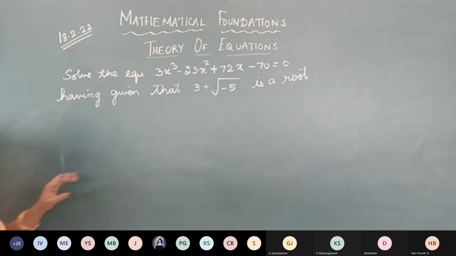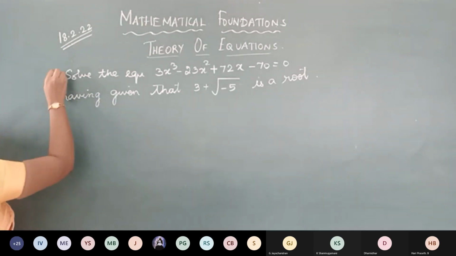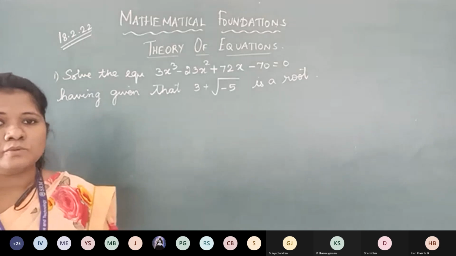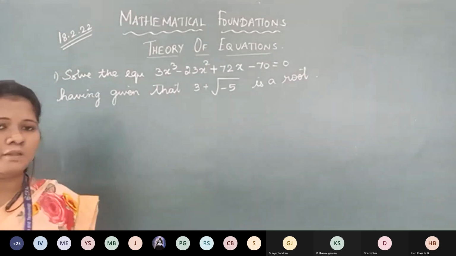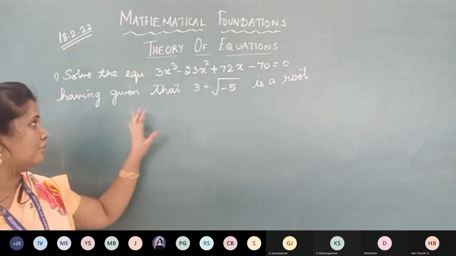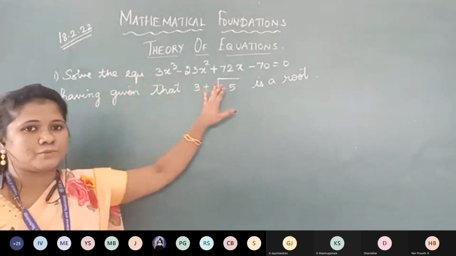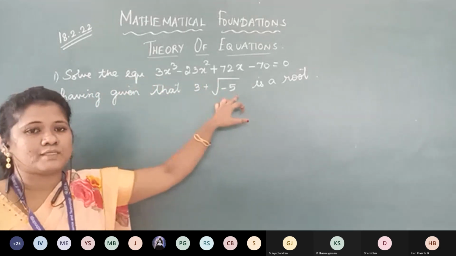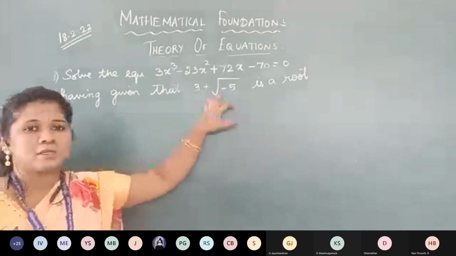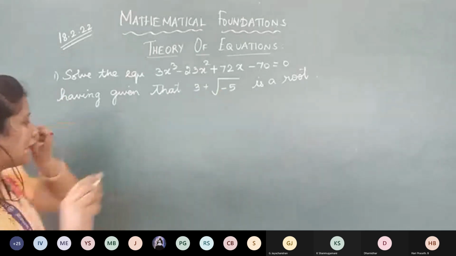Okay, so this is what is being given. So for this, you will have to find out the other roots, and they've given the equation also. Okay, so they have given you 3 plus root of minus 5. Your minus 5 is nothing but your imaginary part which we will take.